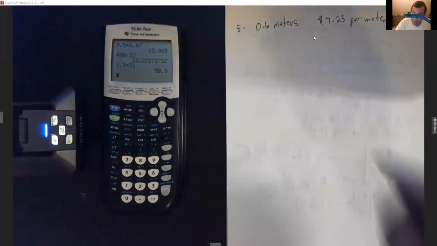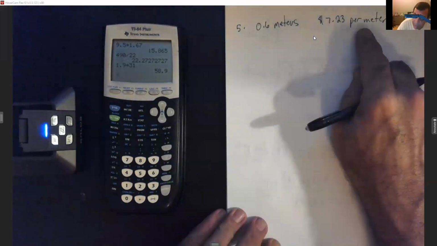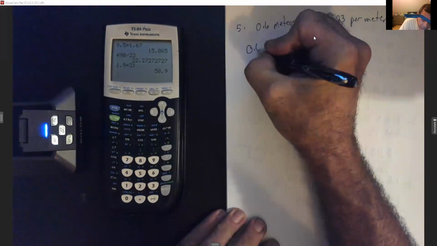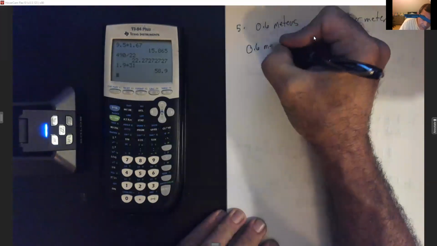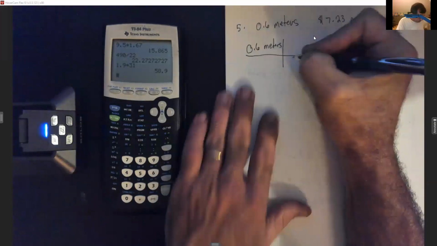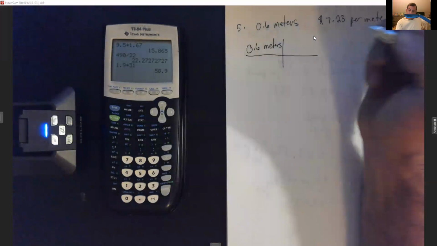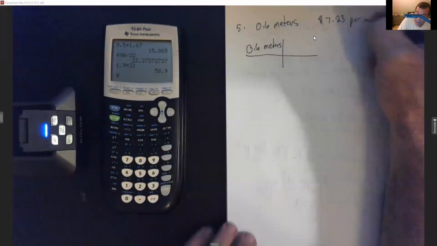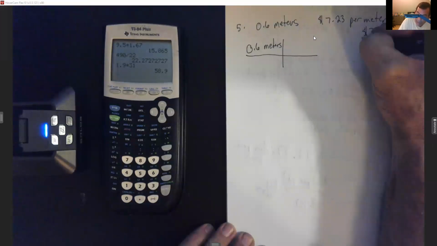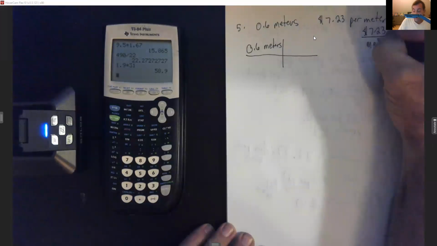Okay, so we know this is my conversion, meter over here, and this is what he wants. So I'm going to have my 0.6 meters. And my conversion is over here, $7.23 per, which means divided, meter.